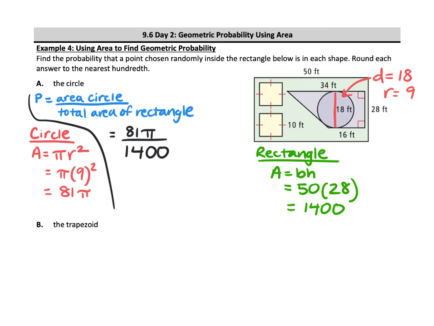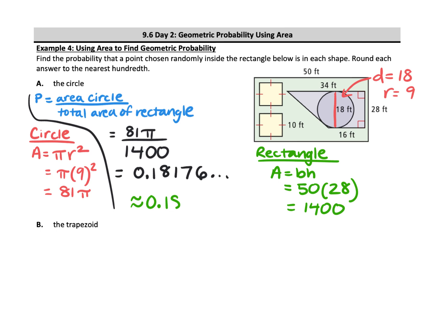So 81 pi divided by 1,400, and the number that we are getting is 0.18176... So as a decimal, I could say it's about 0.18.